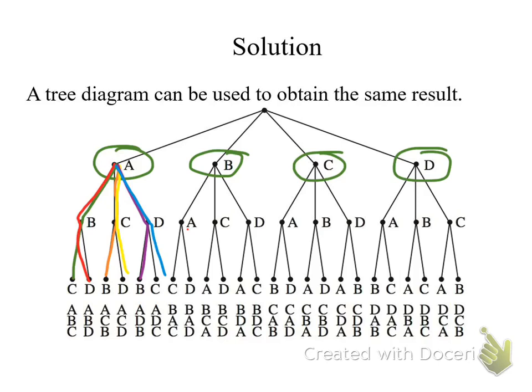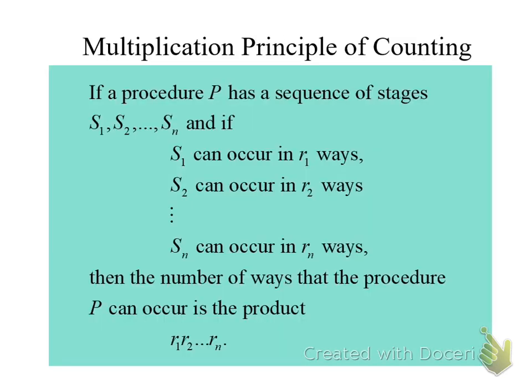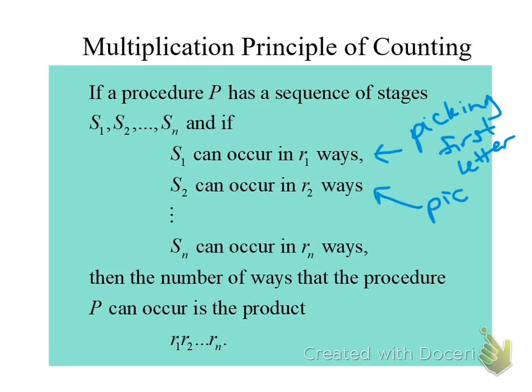So the multiplication principle of counting is that, the verbiage sounds more mixed than others. So what we did was, P is going to be the sequence of stages. So for example, S1 was like picking my first letter. And then S2 was picking the second letter.